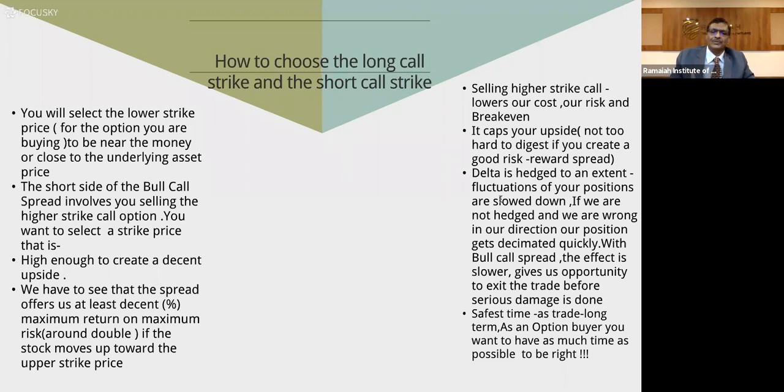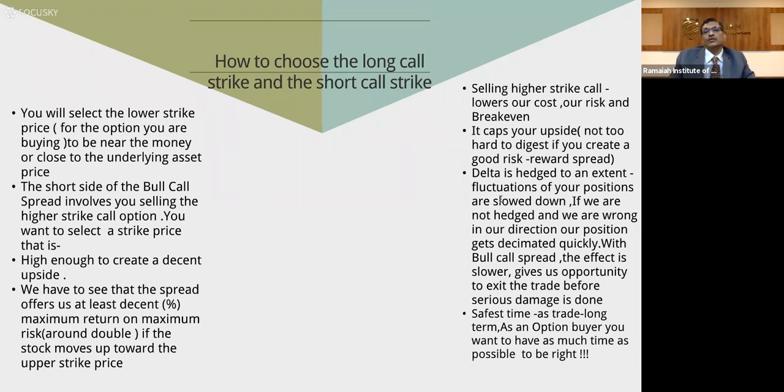And delta, the rate of change which we discussed, is also hedged to a great extent, because the fluctuation if the price goes down is not much. Imagine that you had a bullish view and you are dreaming about your 31,000 rupees and more all the time because you paid 31,000.